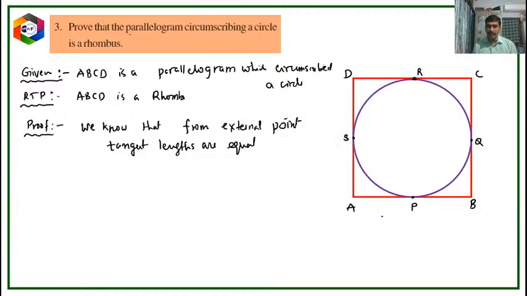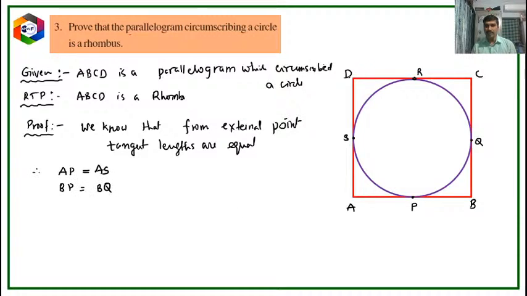Since A is the external point and it is touching the circle at P and at S, AP and AS definitely will be tangents. Based on that idea, I am going to write AP is equal to AS. Similarly BP is equal to BQ.